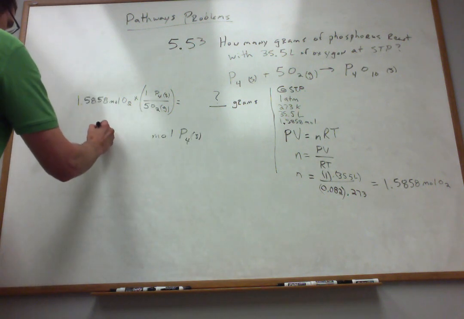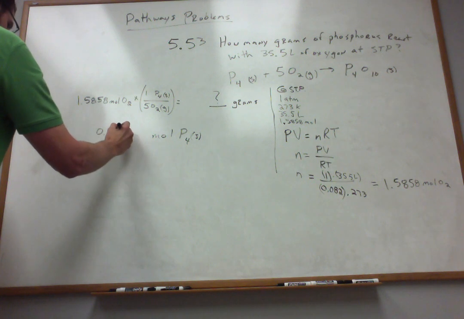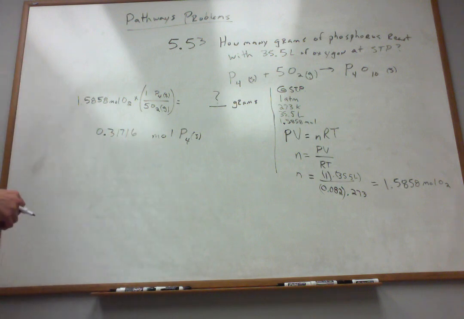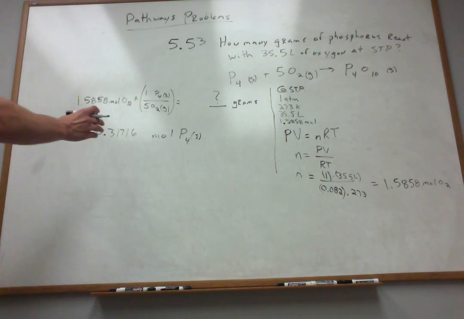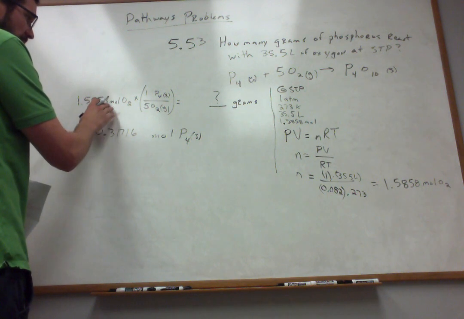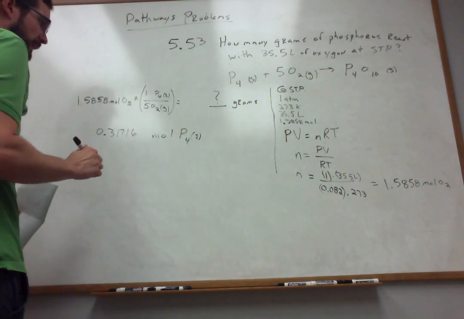If I do that, I get 0.31716 moles phosphorus. Again, I'm not keeping track too much of my sig figs here. This is how many moles of phosphorus is required to react with 1.5858 moles of oxygen in accordance with that stoichiometry.